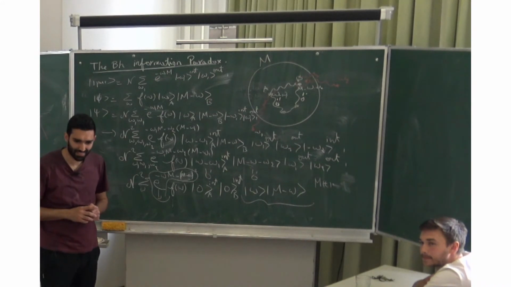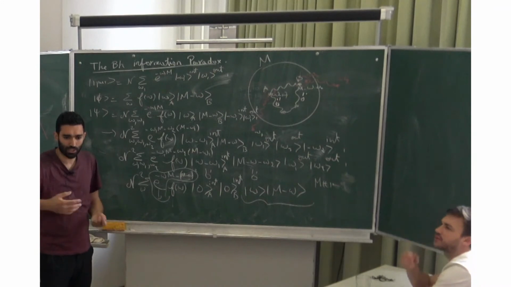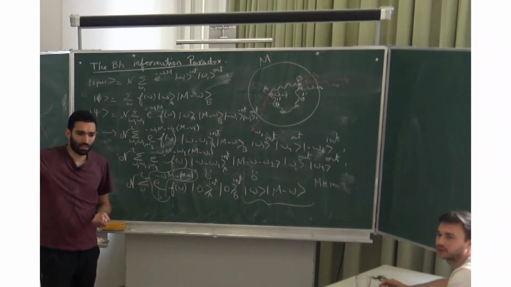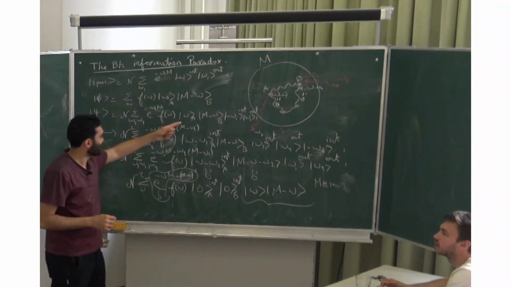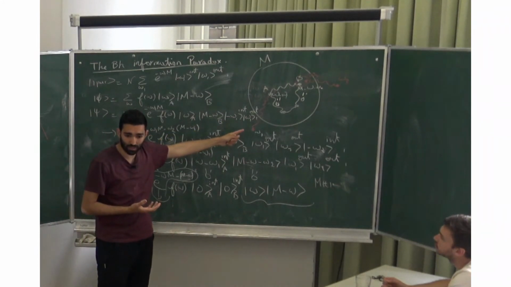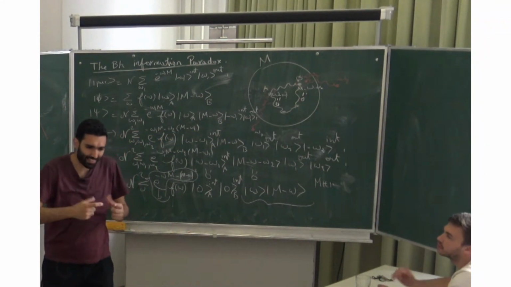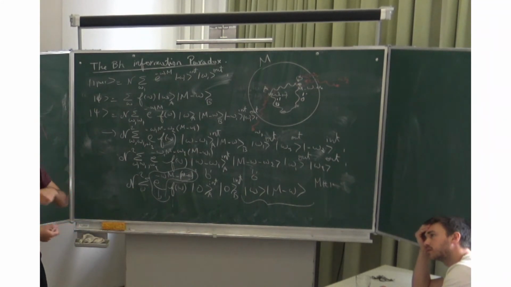Yeah, exactly. And in teleportation, you need shared entangled pairs. Here there are not EPR pairs, but you share entangled pairs, which are the Hawking pairs. This is the entanglement that you are consuming in order to do the teleportation.